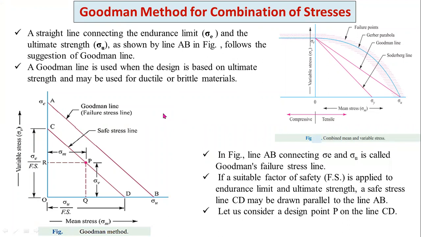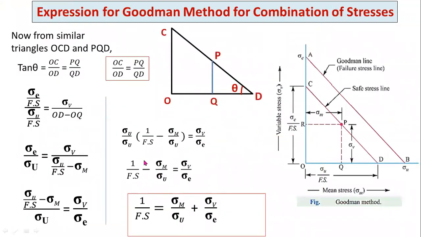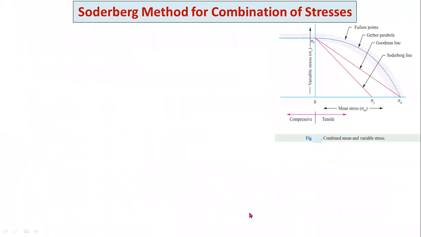This Goodman method is designed based upon the endurance limit and ultimate stress. This is the derivation for Goodman's expression, already explained in our previous class.